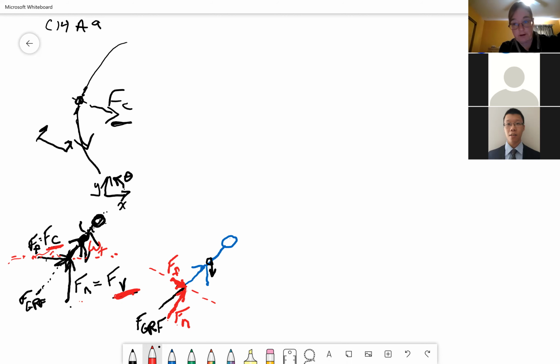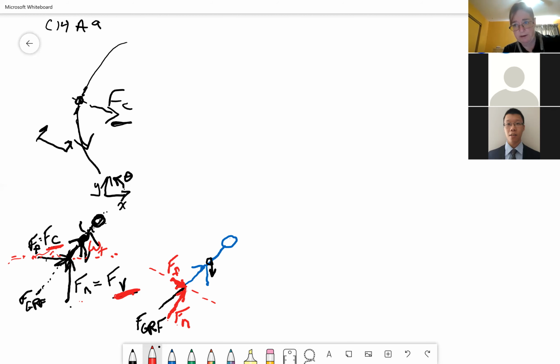Yeah, if the maximum static friction is less than the centripetal force that you need to go around that corner, your tires will slide out, or your feet will slide out, mostly your tires, because there's just not enough force to create the centripetal force that you need, and your tires will slide out from underneath you.